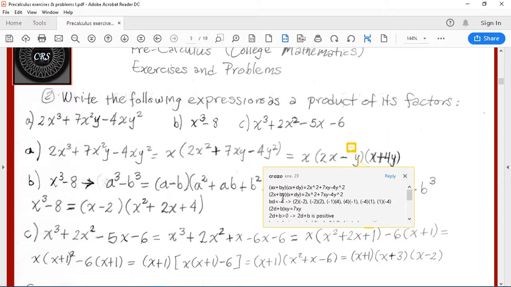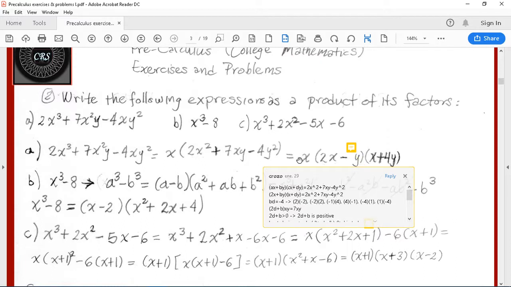That means that we can make b equal to minus 1 and d equal to plus 4. That means that ad would have to be equal to 8, and bc would have to be equal to minus 1, so that I can get 7.